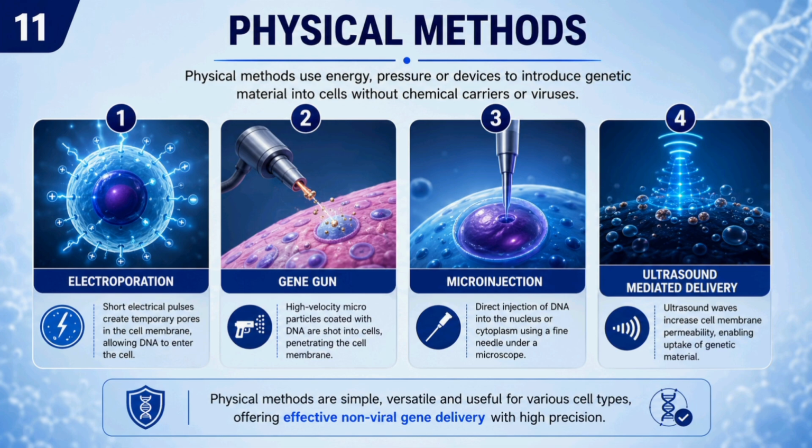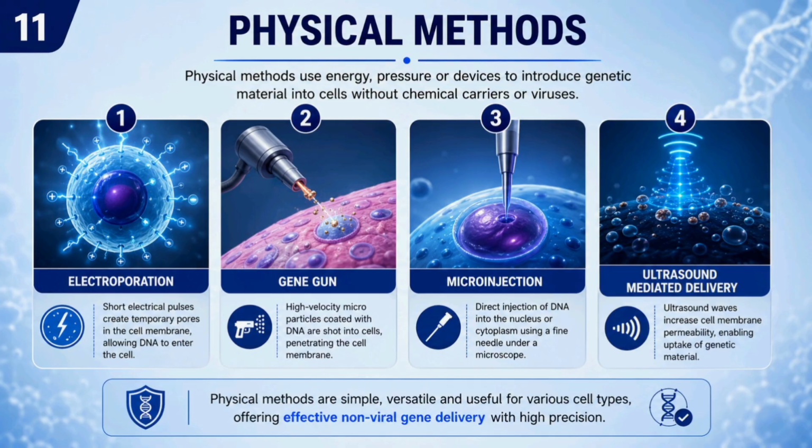The gene gun. This method is mainly used in plants. Tiny golden particles coated with DNA are fired into the plant cells. Students usually smile here. Yes, it is literally called a gene gun.